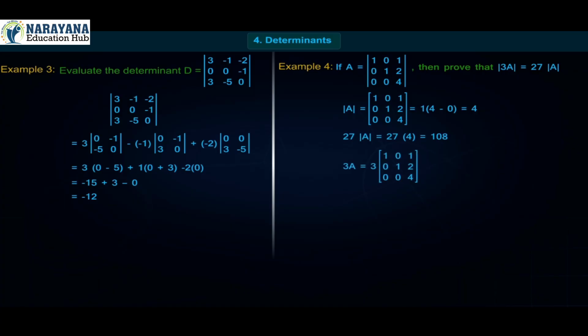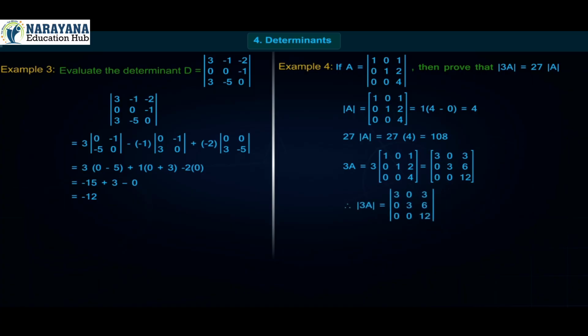Now 3A is equal to 3 into matrix 1, 0, 1, 0, 1, 2, 0, 0, 4 is equal to matrix 3, 0, 3, 0, 3, 6, 0, 0, 12.